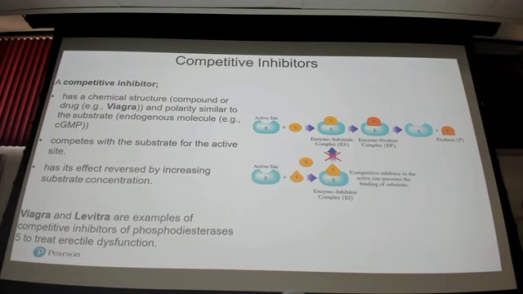So if you see, here's the enzyme, and this substrate would be cyclic GMP under normal conditions. When the substrate interacts with the phosphodiesterase 5 enzyme, it basically inhibits arterial blood flow.